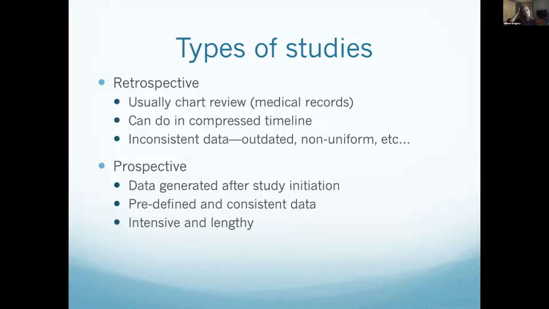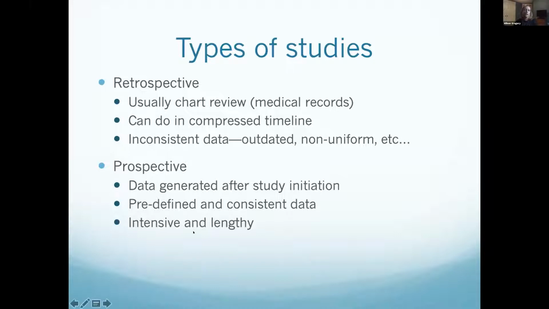You can compress your timeline and perhaps be more efficient, but the data is inconsistent. The MRIs are all done on different machines. The labs are done in different locations with different ranges. It can make things a little messy. Whereas a prospective study, while intensive and lengthy, allows you to have more control.